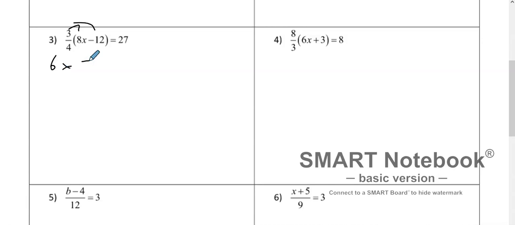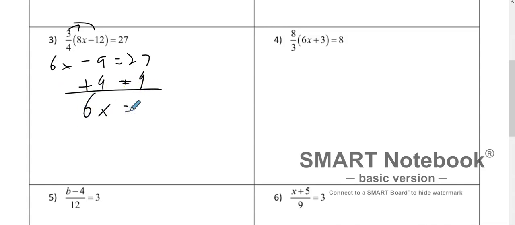Minus 3 times 12 is 36, divided by 4 is 9, equals 27. I'm going to add 9. That's going to give me 6x equals 27 plus 9, which is 36. Divided by 6, I get my answer of 6. That is one way to go about the problem.